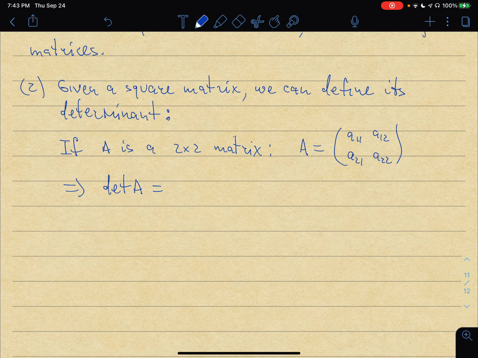So it's going to be A11 A22 minus A12 A21.